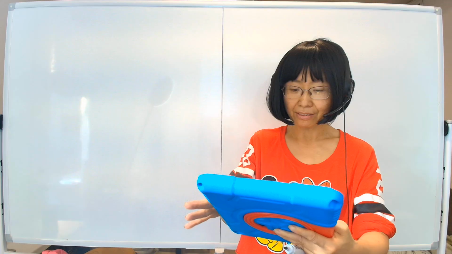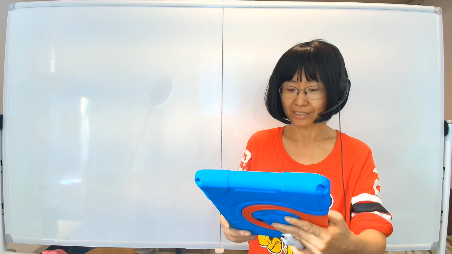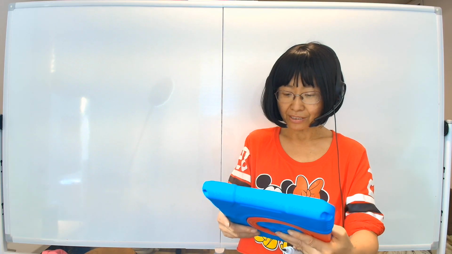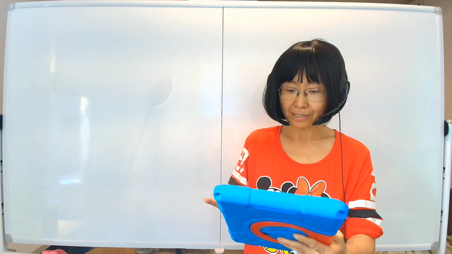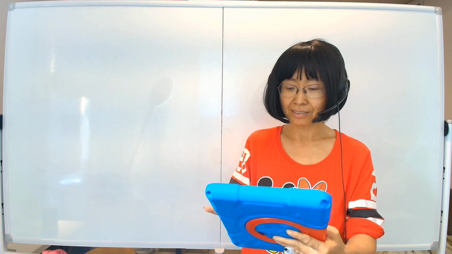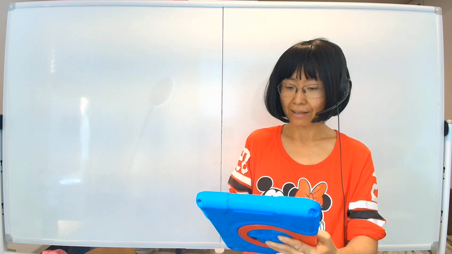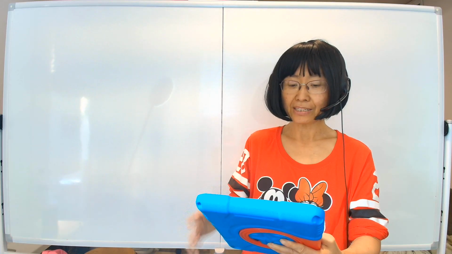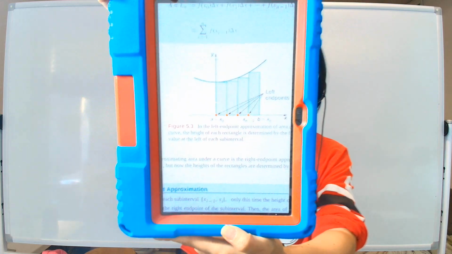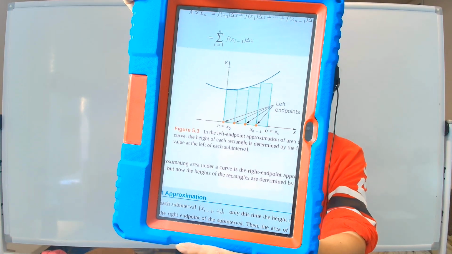To do that, first we need to know what a partition is. The definition is at the bottom, but basically a partition means we're going to cut the area into slices. Let's look at the next page, figure 5.3. That's a random curve, and we're going to slice the area into equal slices.